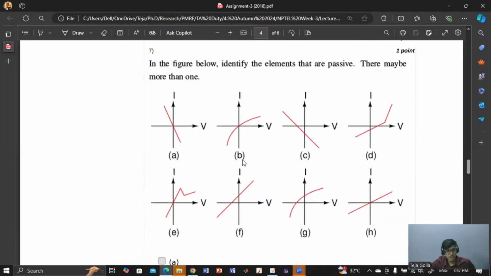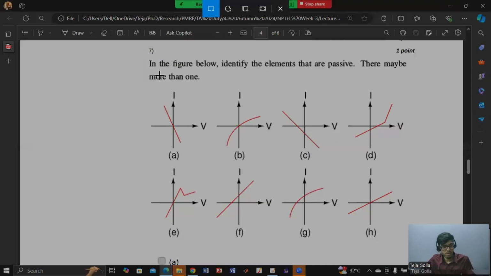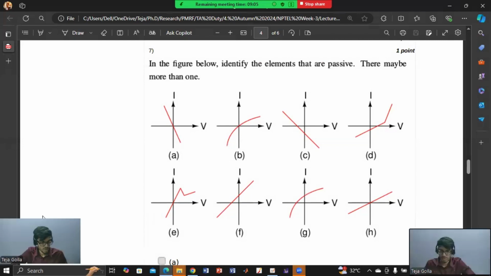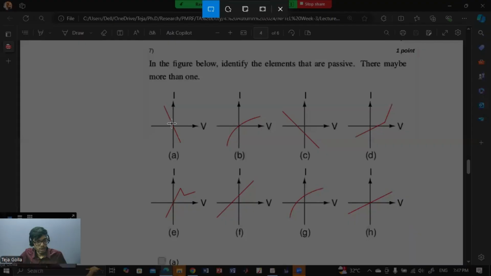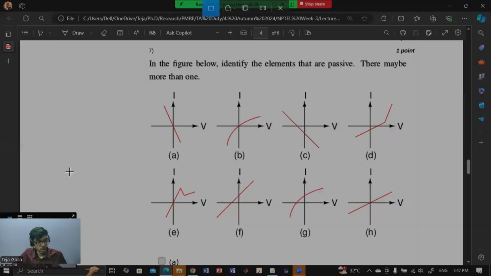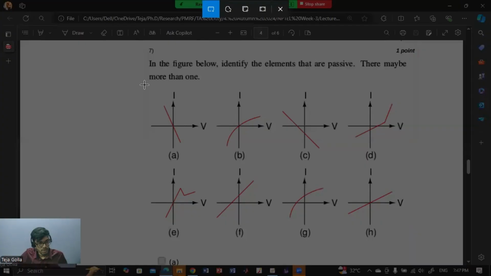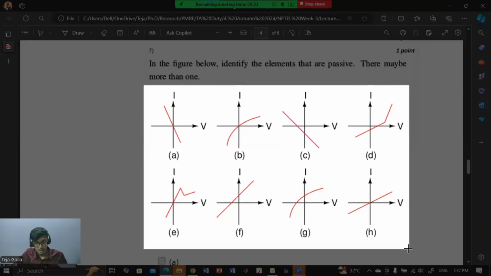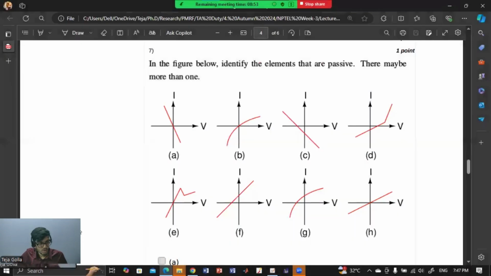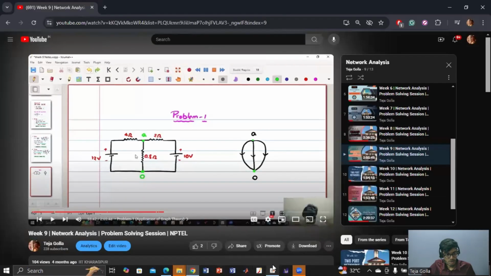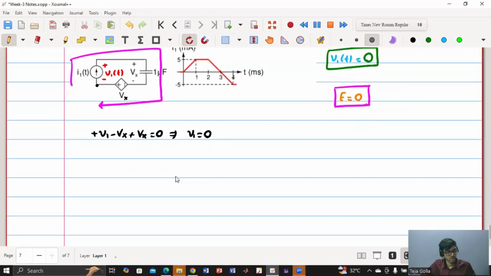Okay. And we'll solve this question, which is also very important. Or we don't have much time, but let us solve it anyway. This is question 5.